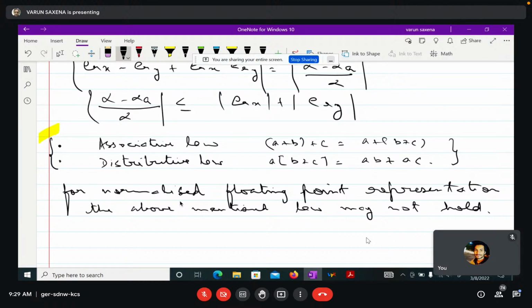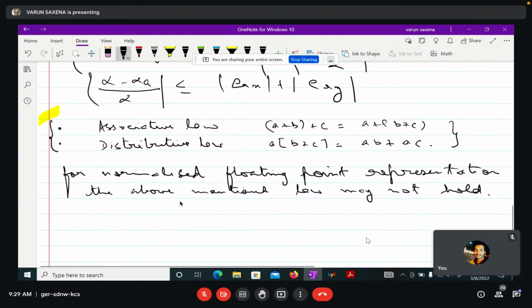In fact, let me point out some of the pitfalls of floating point representation. This would probably be the topic called the pitfalls of floating point representation, or some issues that you may have in floating point representation.